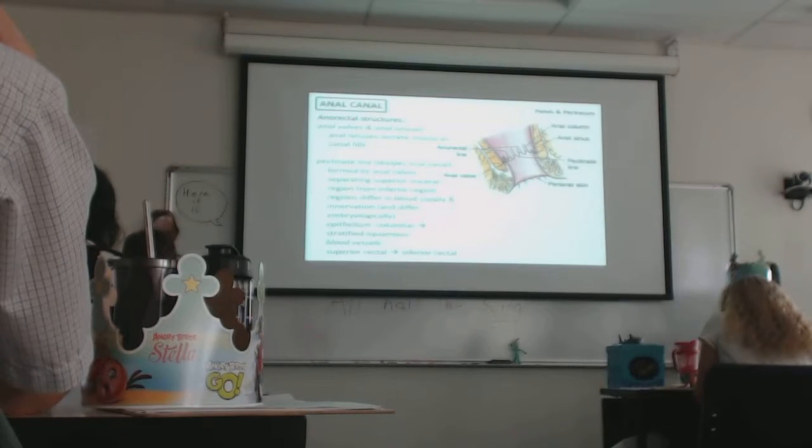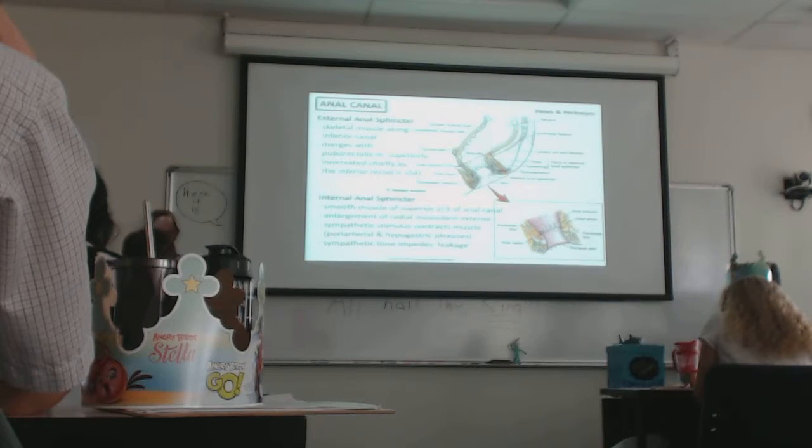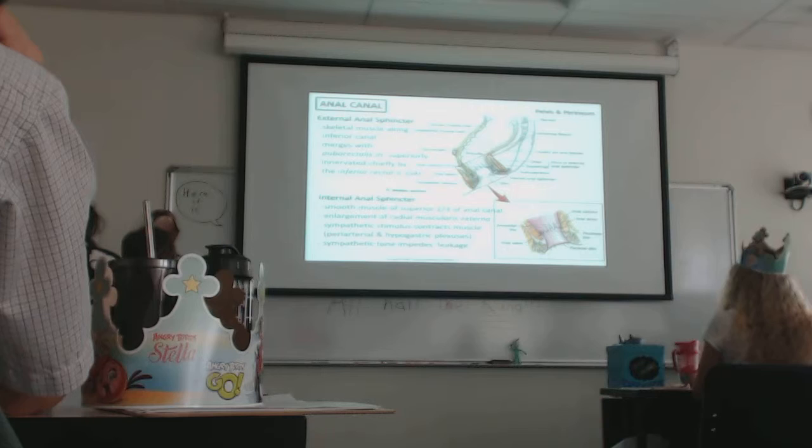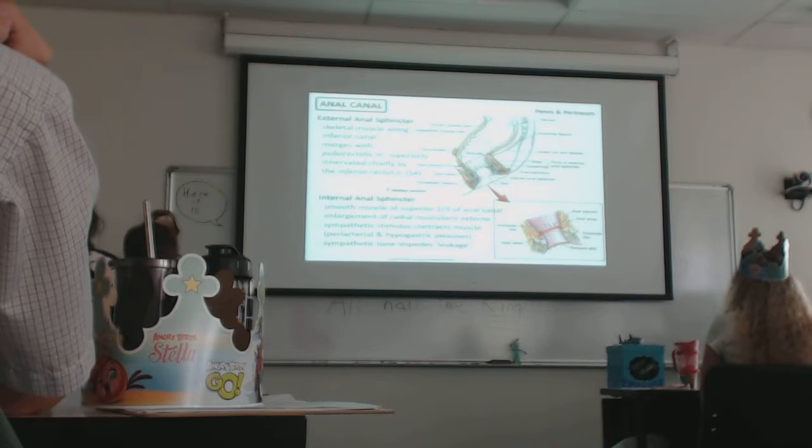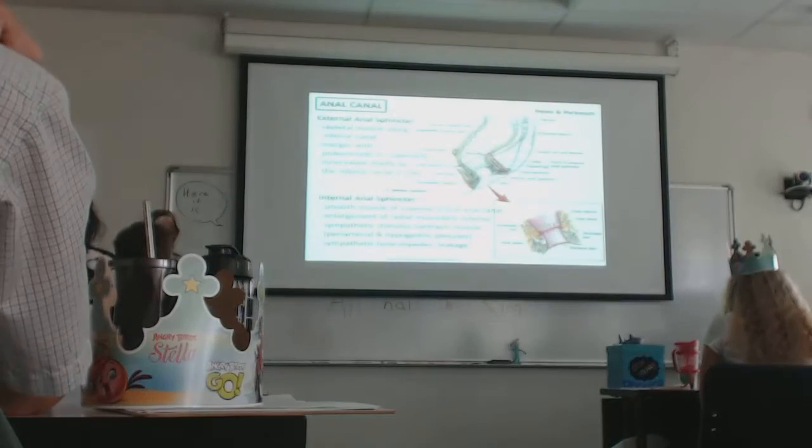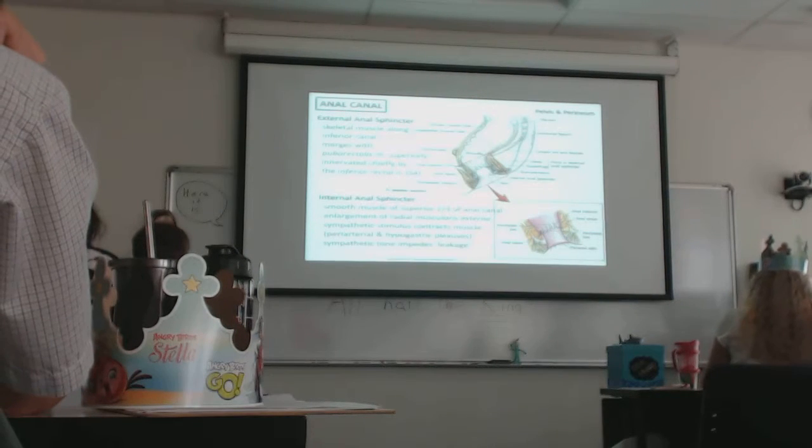But what I really want to focus on now is talk a little bit more about the anatomical importance of this pectinate line, or it goes by a variety of names. We've indicated, for example, that one of the things that happens here is that the epithelium changes.